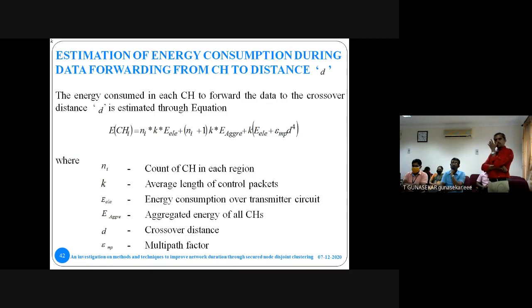After that, we estimate the energy consumed to forward the data from the cluster gate over distance d, where the base station is located. For that, we use this equation to estimate the power consumption.